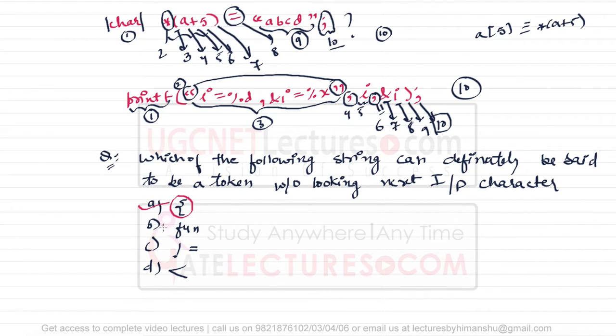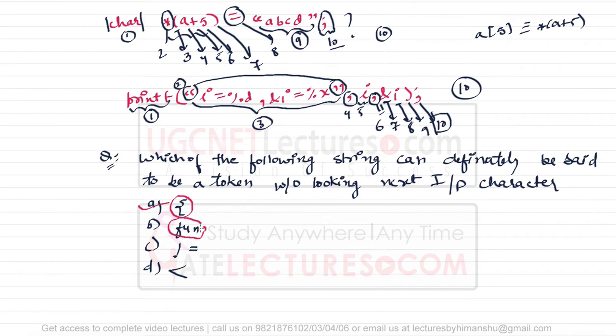Now this fun is the name of an identifier, and it may have some other character associated with it, because we need to understand whether it is a function or the name of a variable. It can be anything. So without looking at the next symbol, we cannot say what it is.